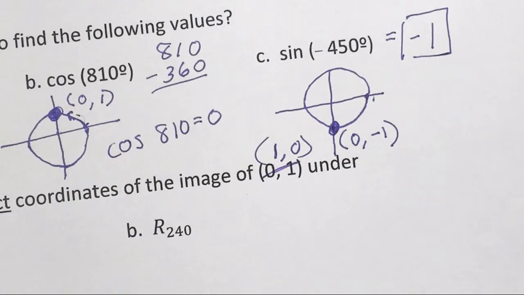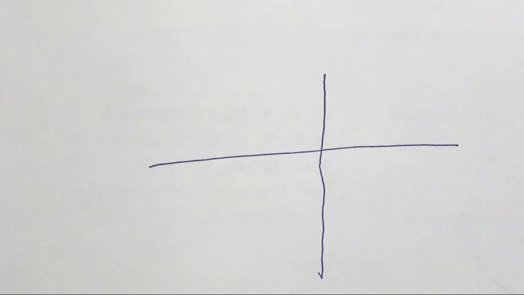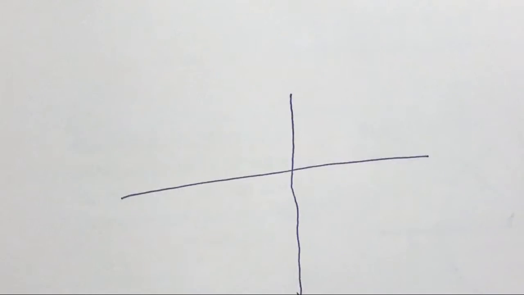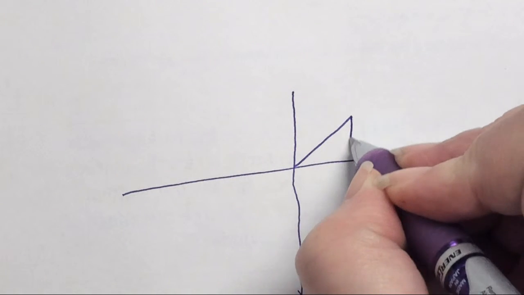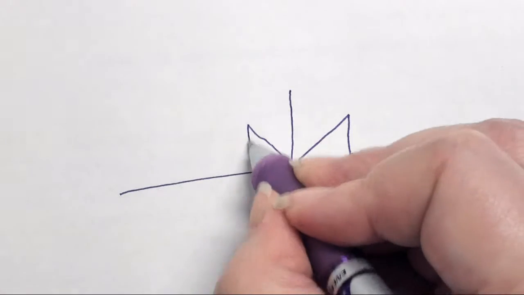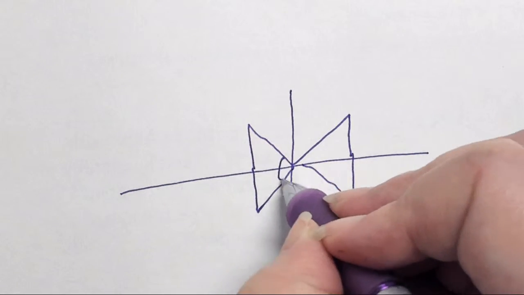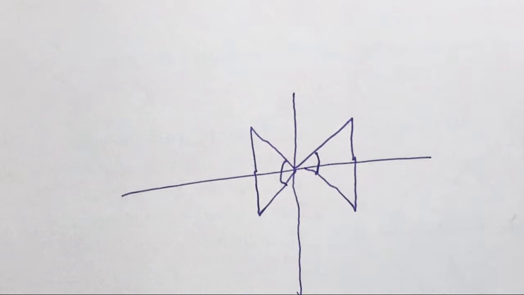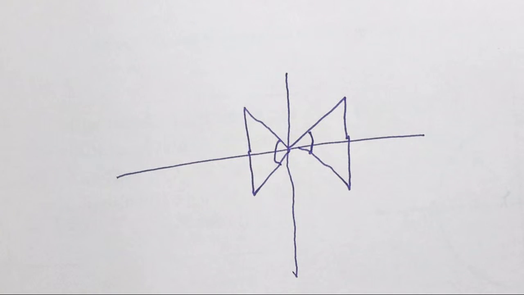Anybody not have this? Alright, on the back side, I just want to write a couple of things to keep our space. On the back side, I'm going to draw the exact triangles, those exact values, the ones that we drew at the beginning of the hour. You always want to draw them to your X axes. It's always going to come down to that X axis. I look at it as a bow tie.